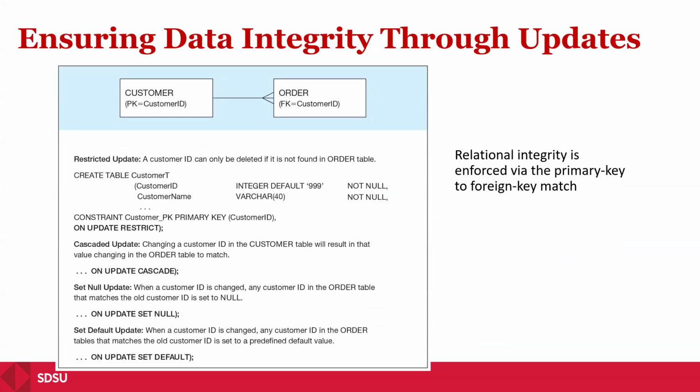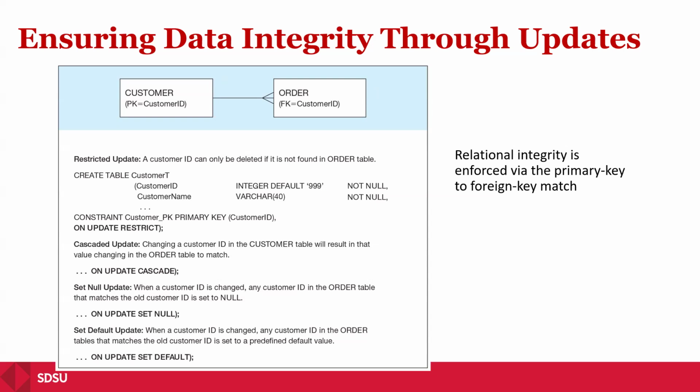All right, so we talked about referential integrity, ensuring referential integrity constraints through updates. So we have customer and order. Order is on the many side, customer is on the one side.